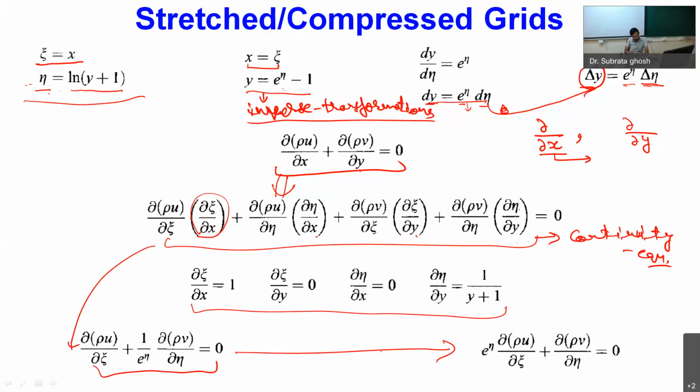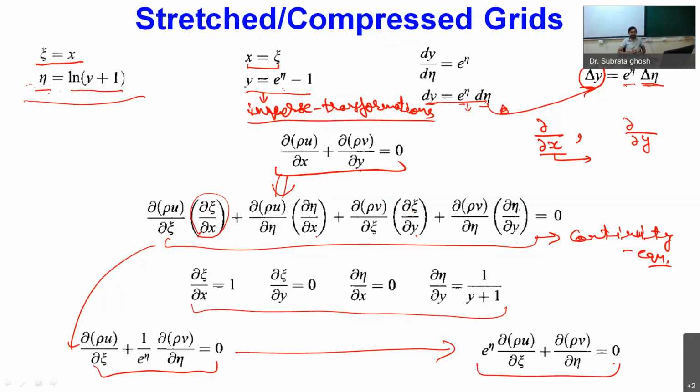Similarly, if I multiply with e to the eta on both sides, I get this particular form as my final continuity equation. The way we have converted this continuity equation, in a similar way we also have to convert the momentum equations when we talk about the adiabatic flow situation.